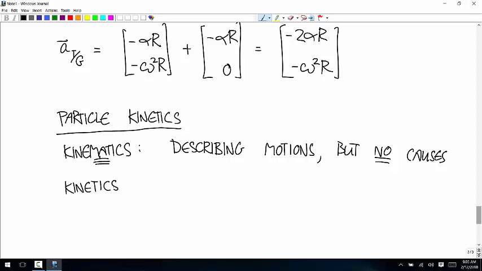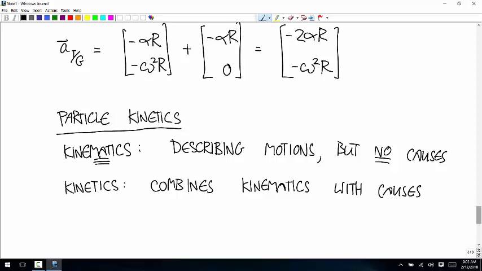Kinetics combined, so kinematics is part of kinetics, but now we're also going to include causes of the motion. And the causes that we're going to talk about are mass and force.